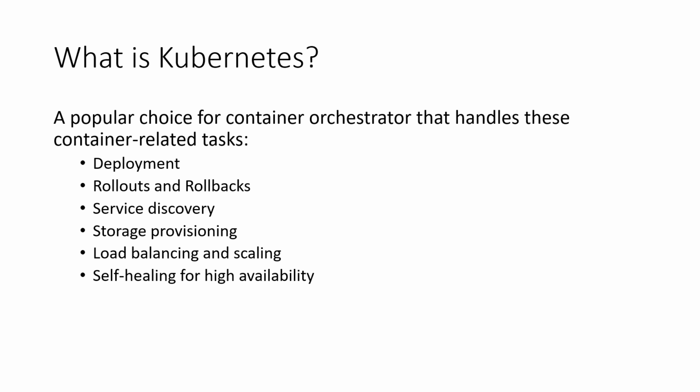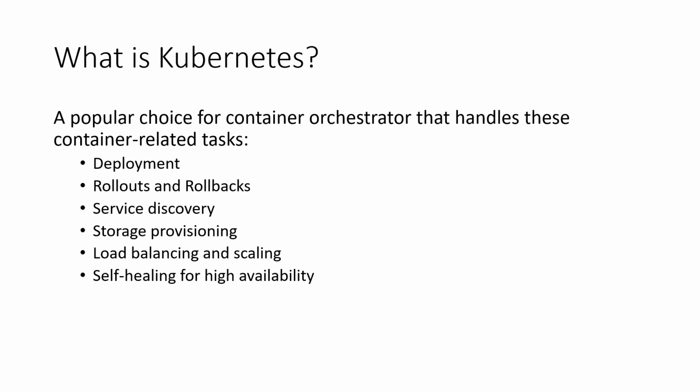In terms of load balancing and scaling, when traffic to a container spikes, Kubernetes can employ load balancing and scaling to distribute it across the network to maintain stability, and to increase the number of instances serving your requests. That's scaling.